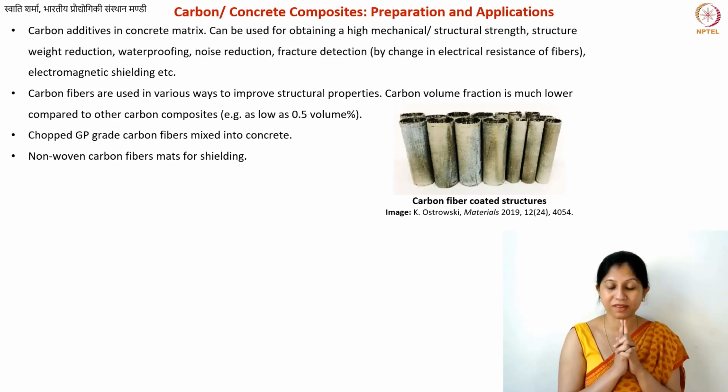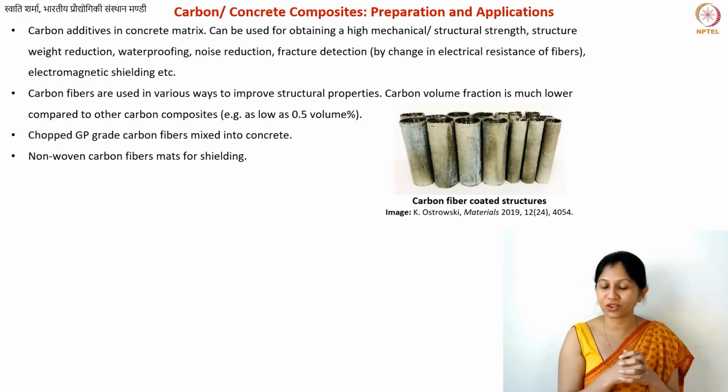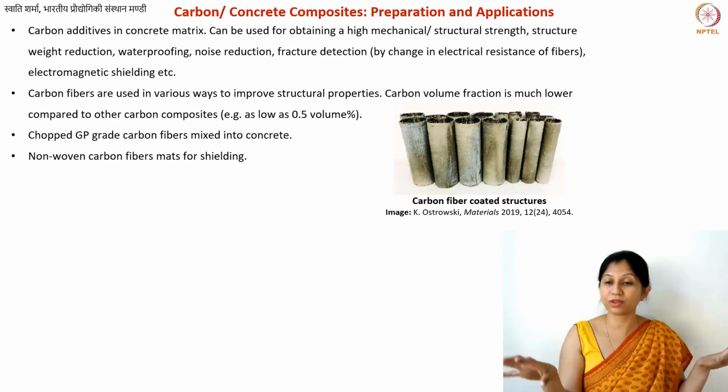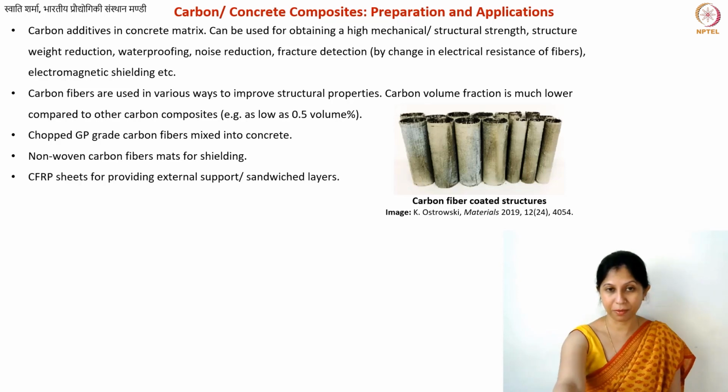In fact, there are fewer applications where you use non-woven carbon fiber mats. For mechanical strength, weaving is important because we have these perpendicular woven structures, and that distributes the stresses very well. But for electrical shielding, what works better is the non-woven carbon fiber mat.